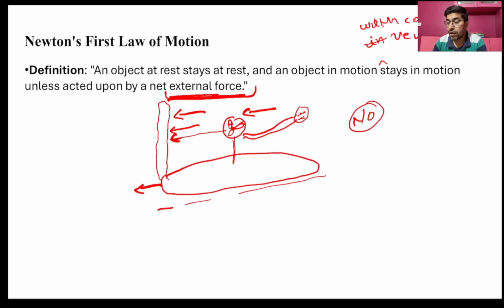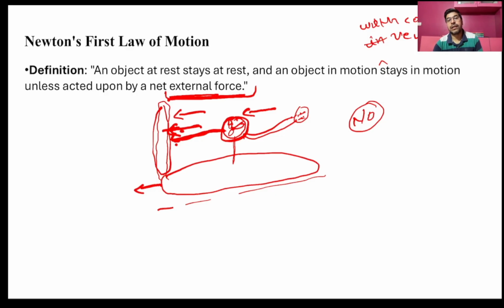Why? Because this fan is now what? An internal portion of the boat, an internal object of the boat. And when it blows air on this cloth, this force by the air on the cloth of the boat will be an internal force of the system. Understood?